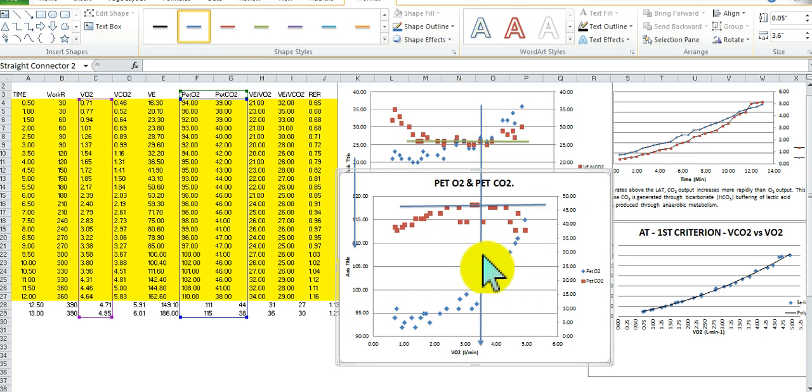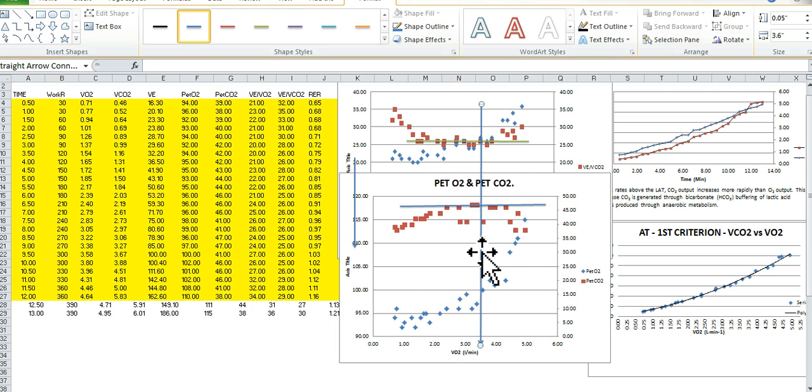And we see where the line of increase for the PETO2 and VeVO2 happens right at the point of where that nice level is for both lines. Okay, so let's see. I would say it's right about there.